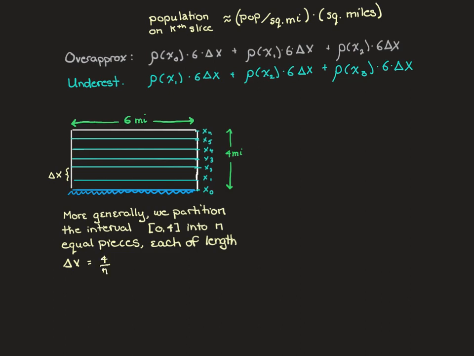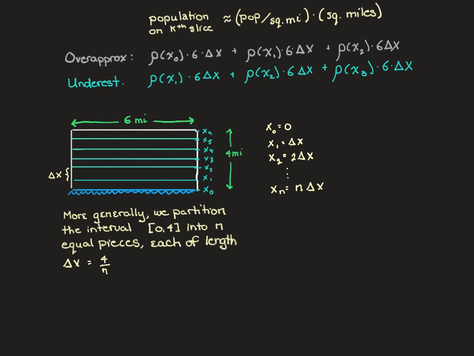And then we can label x0, x1, x2, x3, etc., where x0 equals 0, x1 equals delta x, x2 is 2 delta x, etc., and xn is n delta x.